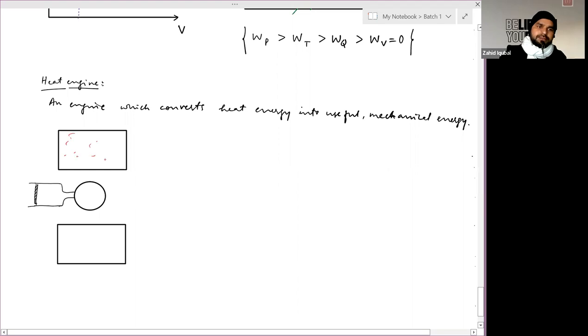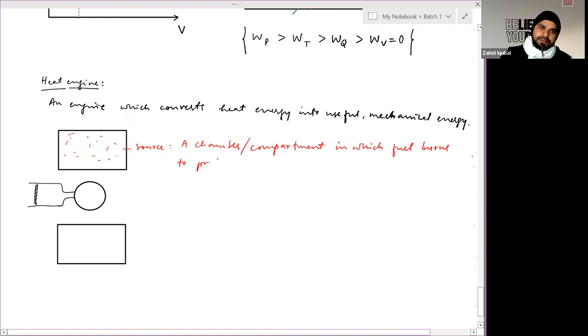This is called the source, or simply heat reservoir: a chamber or compartment in which fuel burns to produce heat.